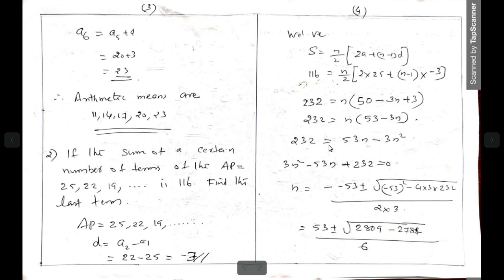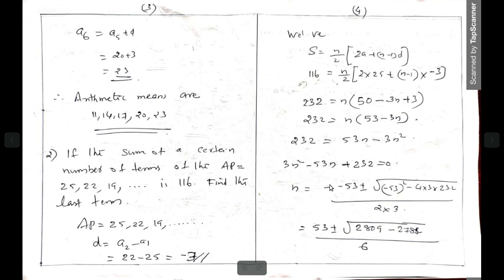And finally, we will get a quadratic equation, that is a second degree equation in the variable n, whose answer is to be calculated by the formula minus b plus or minus root of b square minus 4ac divided by 2a. This formula was discussed in the previous chapter, complex numbers, and this was also studied in the 10th standard.